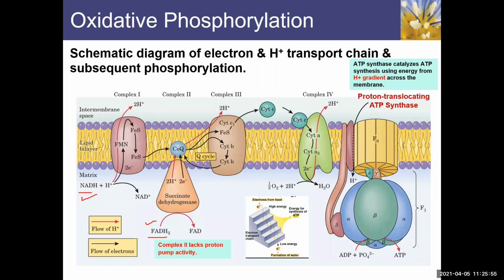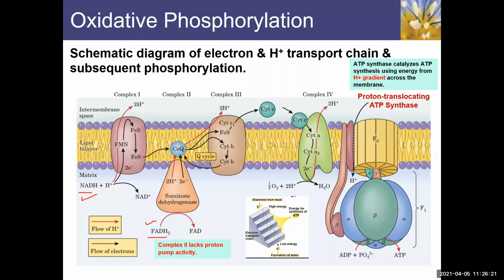Complex 1, 2, 3, and 4. And while doing so, complexes 1, 3, and 4 will also function as proton pumps, and they will move the protons from the mitochondrial matrix into the intermembrane space.